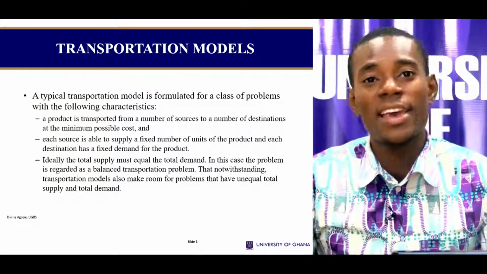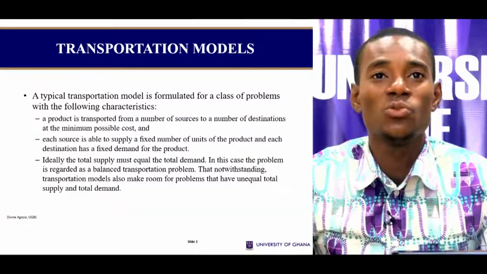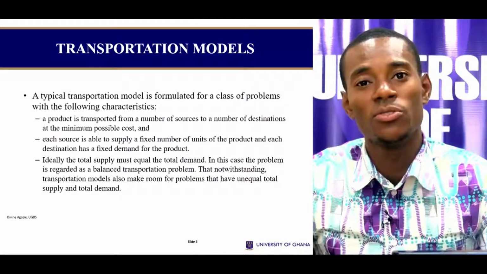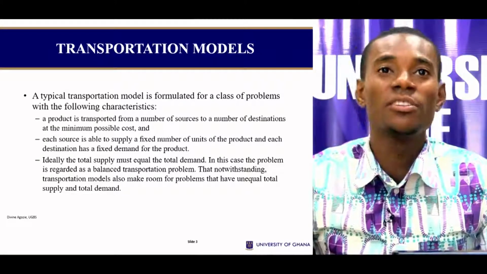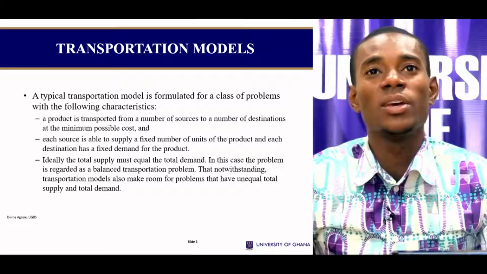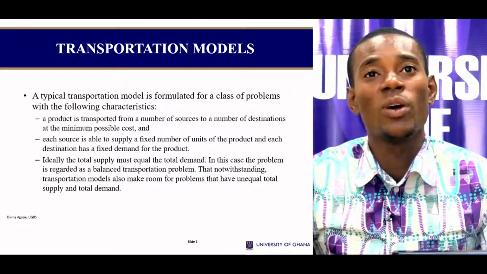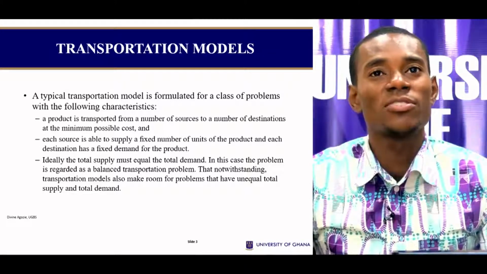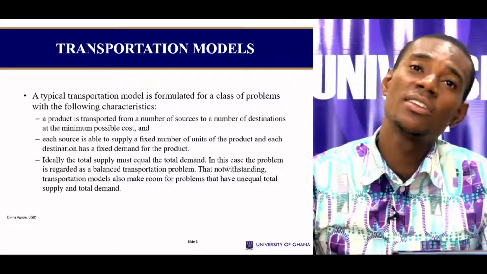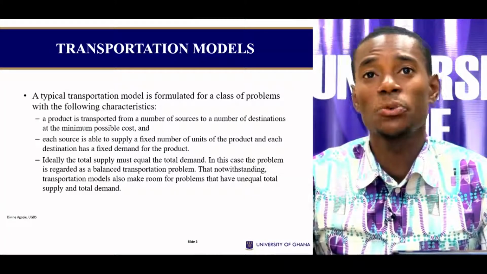If market A requires 100 units of whatever item you want to transport, then you make sure you are supplying exactly 100 units to that market, given all the analysis you have done. If you transport 101 units whereas they need 100, you transport an extra unit at an extra cost, and you may have to return it to your warehouse or your source. Again, that will also come at an extra cost.